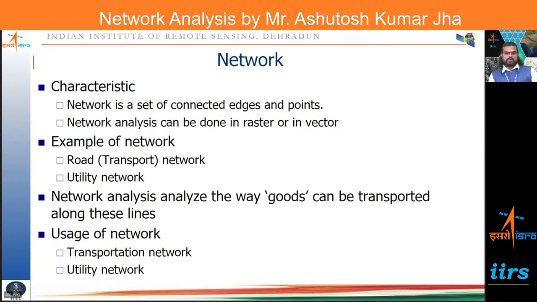And in the case of a general node network, we may have pathways with flow of materials in both directions, like in the case of streets, where vehicles can go from one edge of the road to the other edge in either direction. So if you have just one direction, then you call it a directed node network.